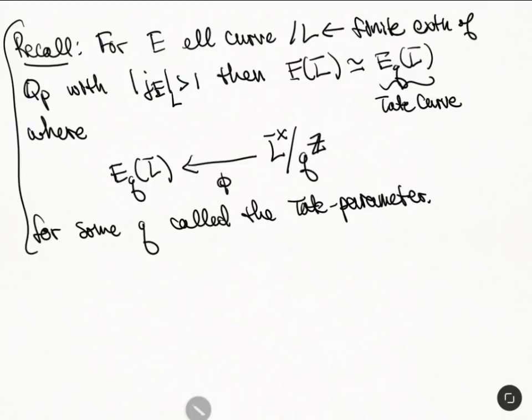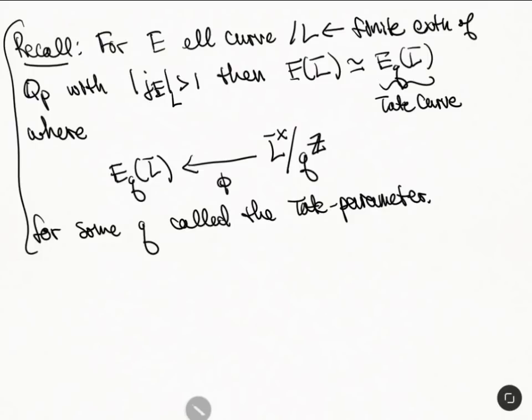Here it's saying that you're not going to have potentially good reduction, and when you have multiplicative reduction, then after another extension you'll have an isomorphism like so.